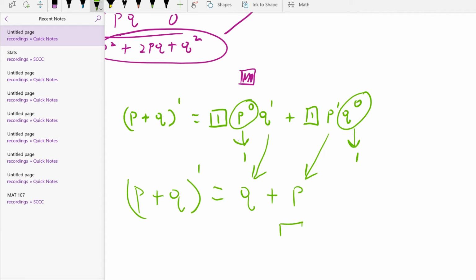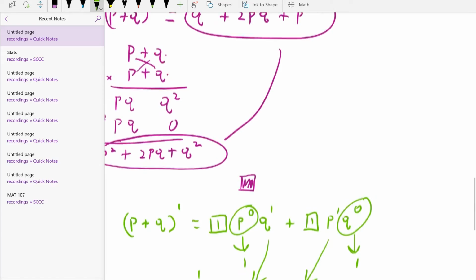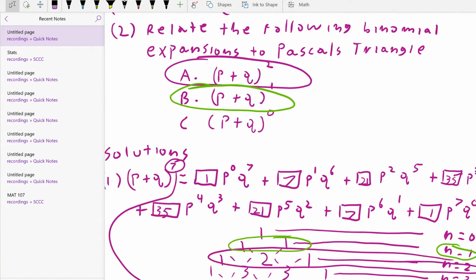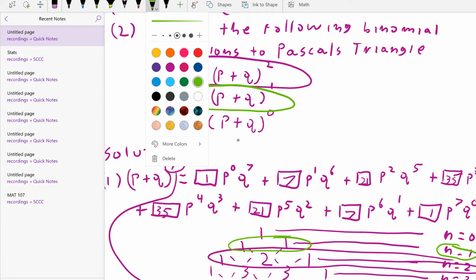And we've shown that even p plus q to the first power conforms with the binomial expansion theorem and Pascal's triangle. Now the last homework problem here, it's very easy, but its simplicity is sometimes confusing. And so I want to use yet another color. I'm going to use blue.